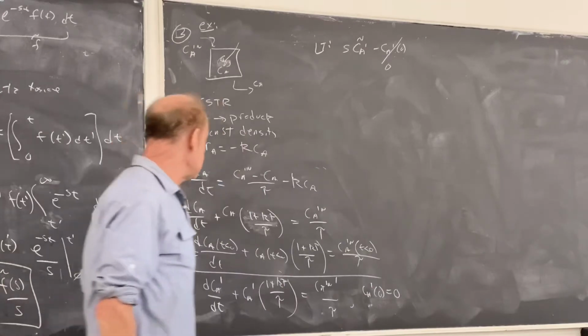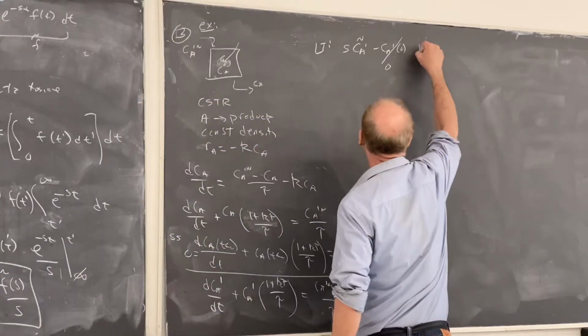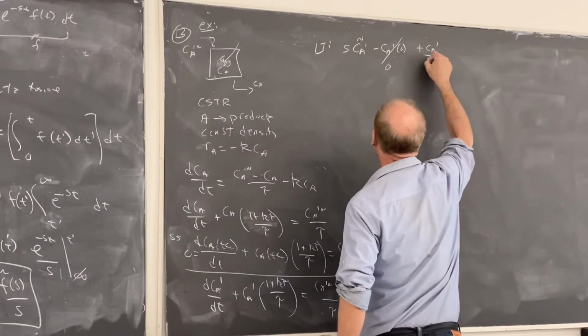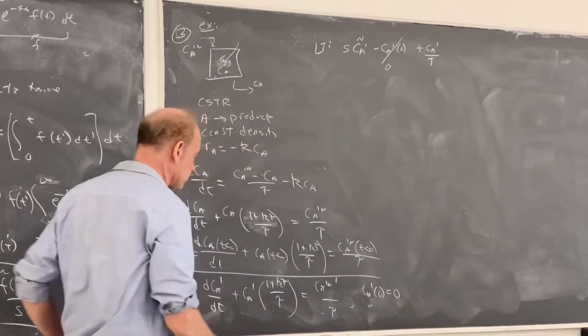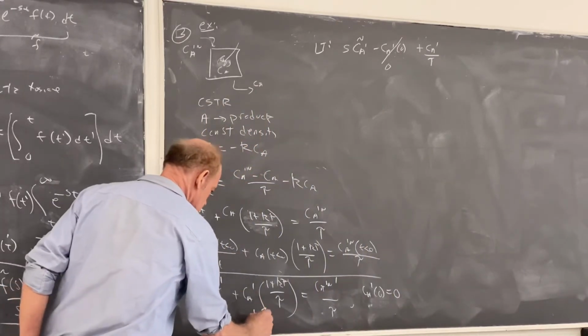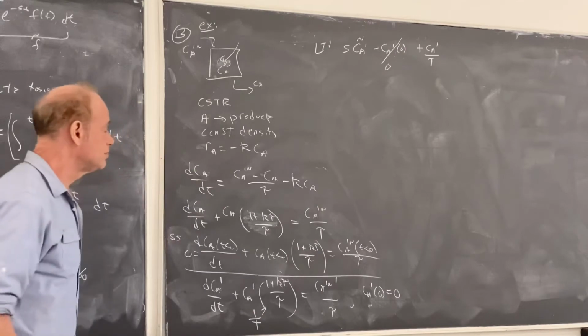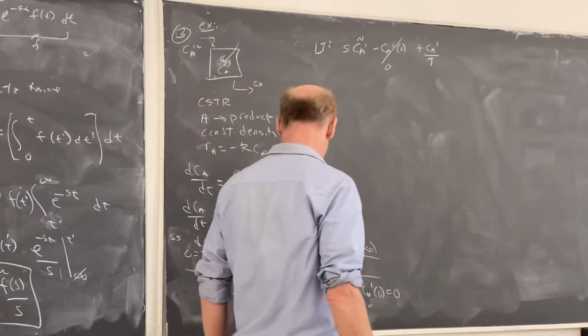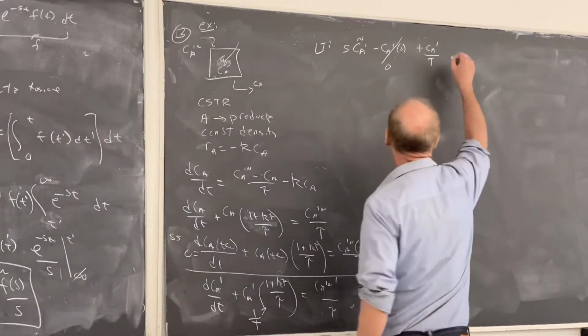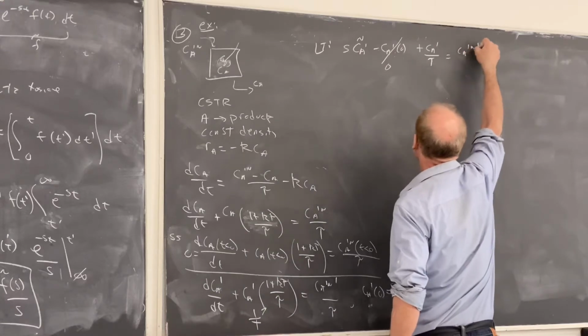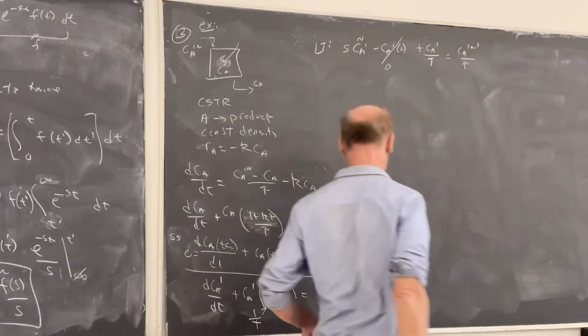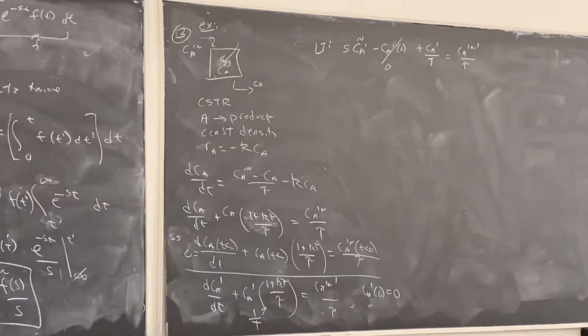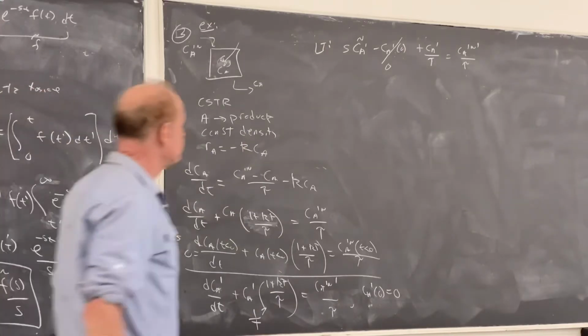And then I have plus CA prime tilde divided by big T, because remember, this thing we said is 1 over T, is equal to CA in prime tilde divided by tau.